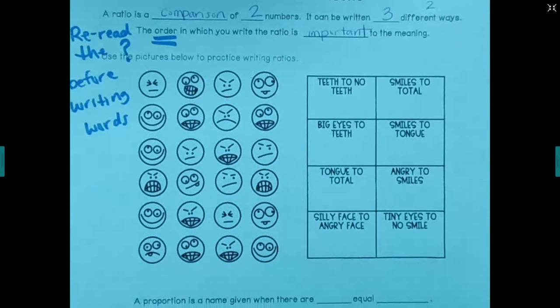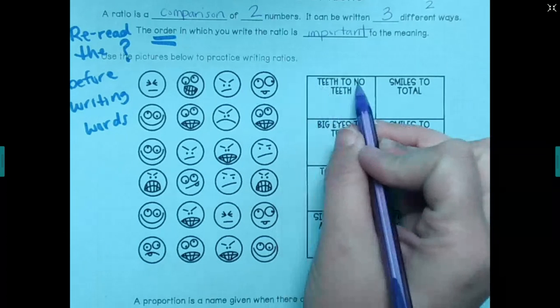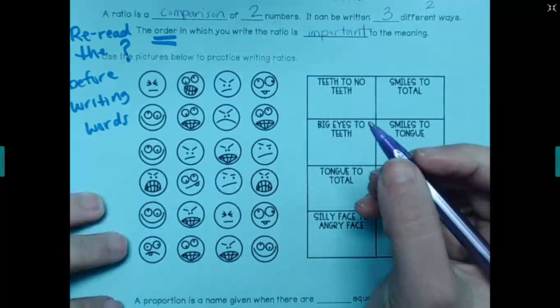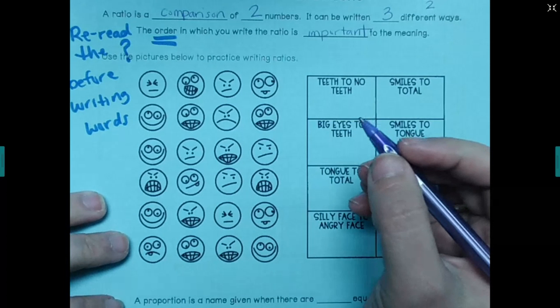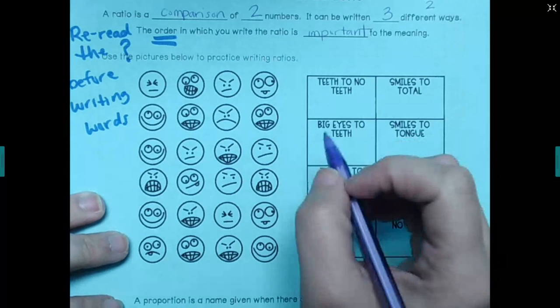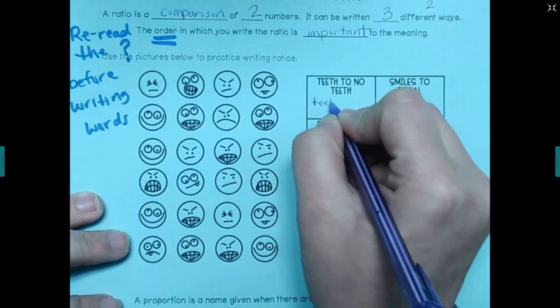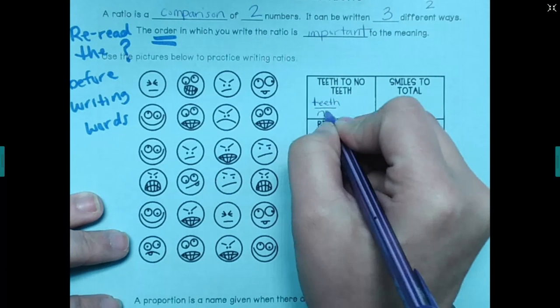We're just going to do a couple. If I wanted to know the ratio of teeth to no teeth, every single time you need to write your words. If we were here in person, I would say I'm not grading your work if you don't write the words. So we're writing teeth over no teeth.